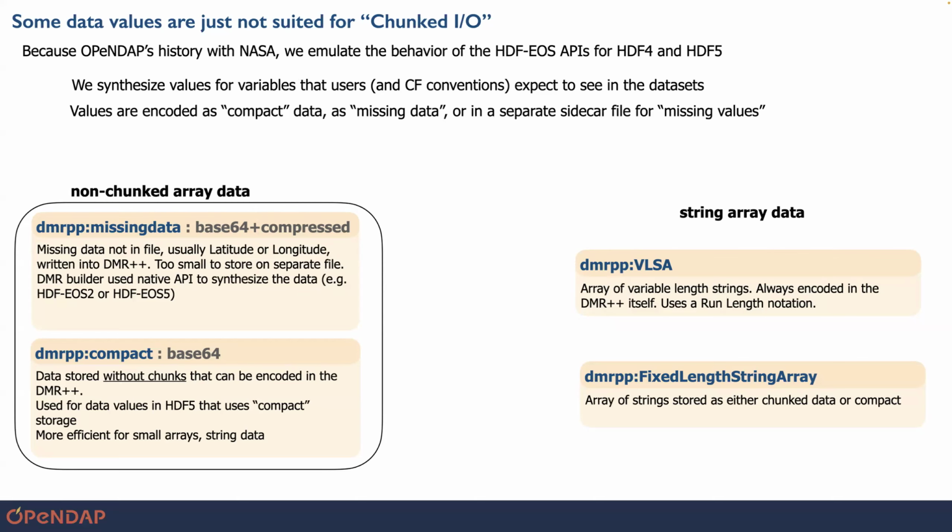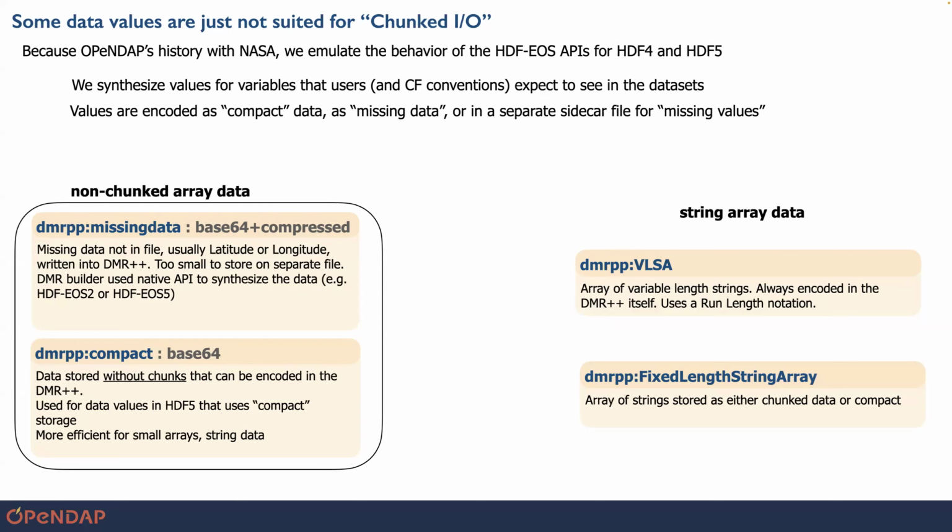We don't necessarily put those values in a sidecar file. If the values are small enough, we can put them in the DMR++ itself. And we do that again as base64 data that are compressed.